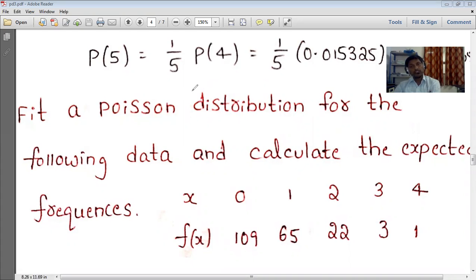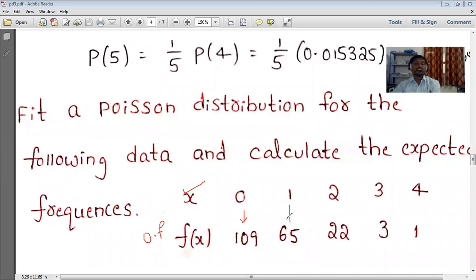What is meant by that? We are calculating expected frequencies which are nearer to the observed frequencies. These are the outcomes: 0 outcome, 1 outcome, 2 outcome, 3 outcome, and 4 outcome, and the respective frequencies.